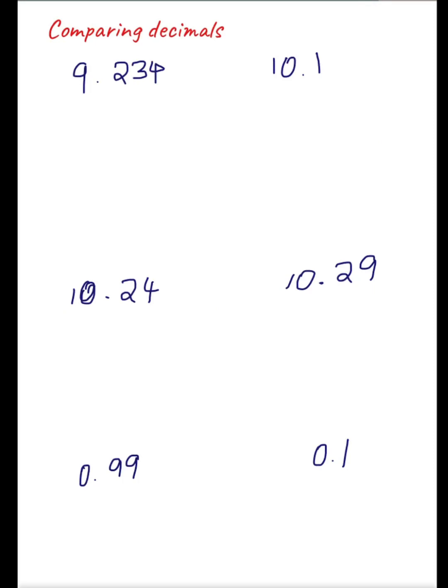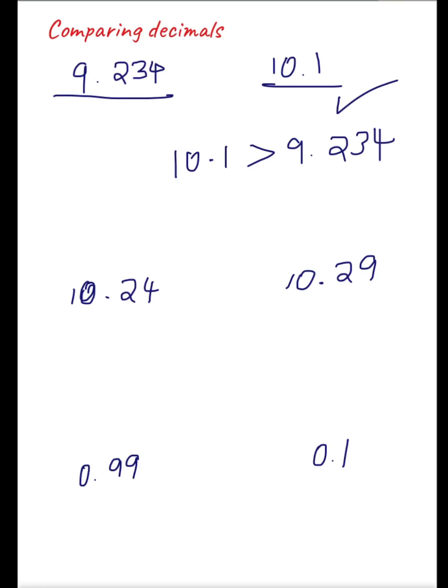That is, first case is 9.234 and 10.1. So first you have to compare the whole number part, that is 9 and 10. So which is greater? 10 is the greatest number. So without any doubt you can say that 10.1 is greater than 9.234. First thing that you have to do is compare the whole number part.